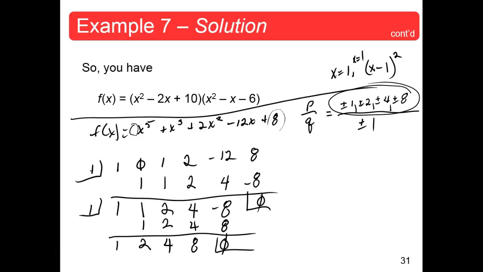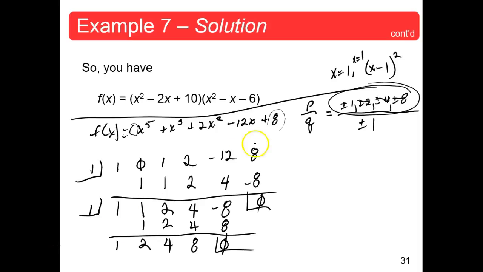When you're doing synthetic division and you're doing positive numbers into this, if you wind up with all positives down here, it's not going to do you one dab of good to try plus 2, plus 4, plus 8. That's the largest positive number you're going to have is a 0. That's called the upper bound test. So what I'm going to tell you right now, forget about plus 2, plus 4, and plus 8. Don't even try it. They're not going to work. We'll get there in a minute, but you'll see it's true.